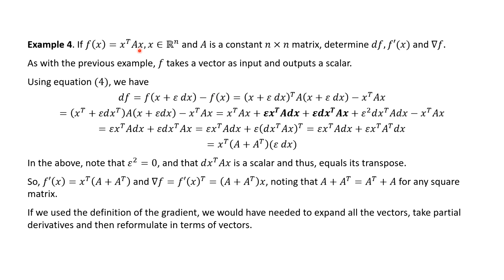Basically, you have to label all the elements of x and x transpose and then all the elements of A, which is a matrix, and multiply that all out, and then take partial derivatives, and then eventually you'll notice that the derivative is this pattern here. So it's much easier to go this way. I have a few more examples of scalar valued functions, which I'll show you on the next slide.